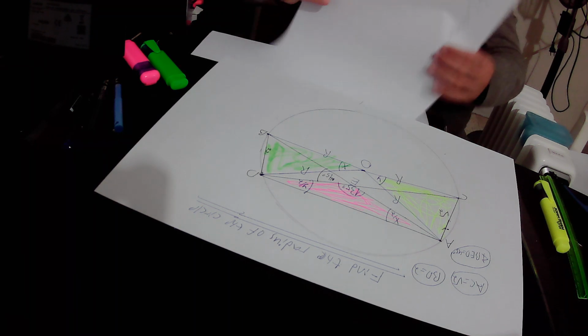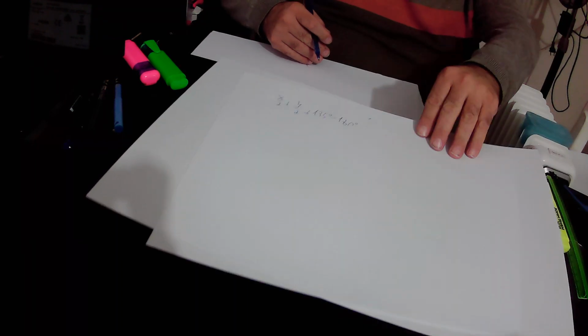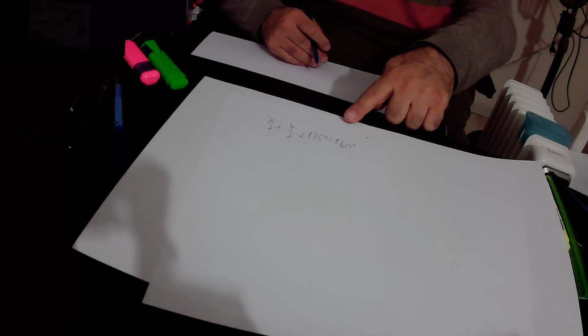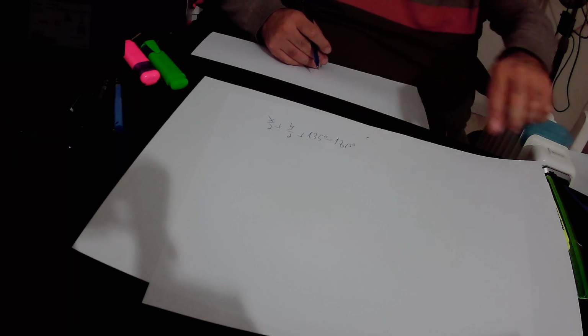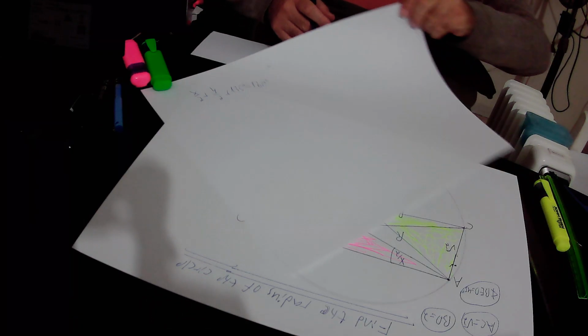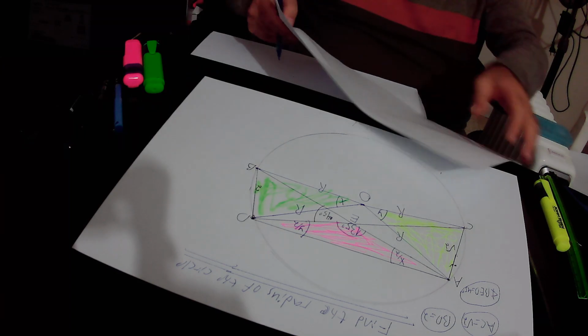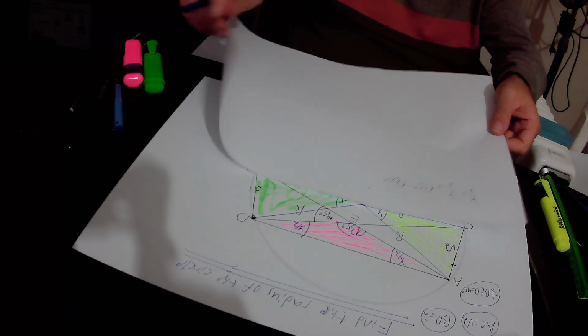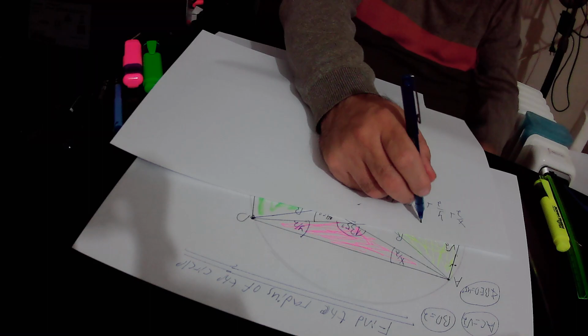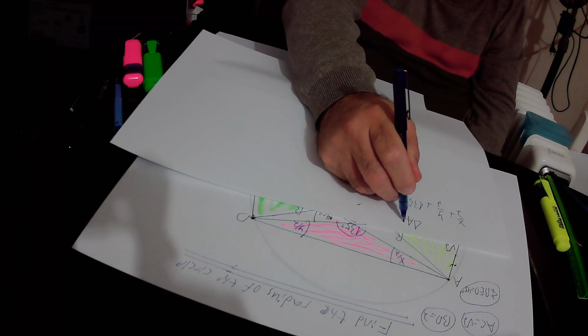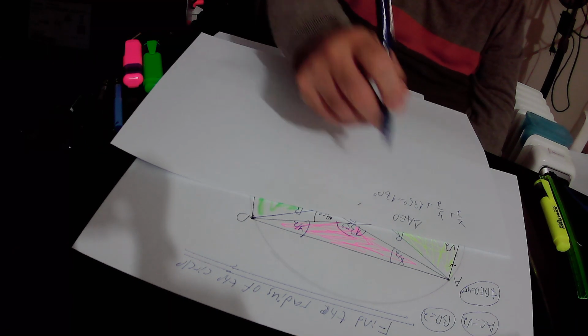So this is according to the rule that the sum of the angles in any triangle is equal to 180 degrees.